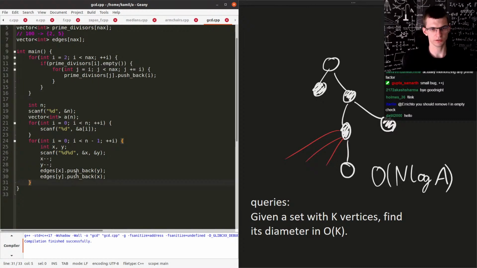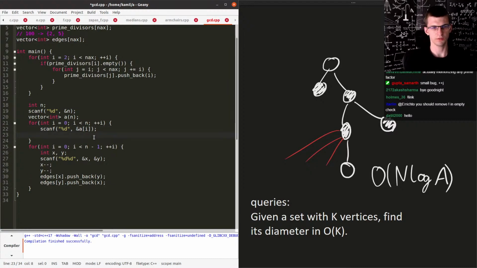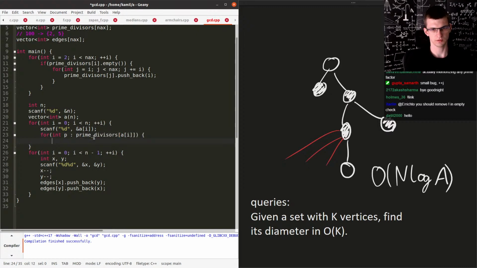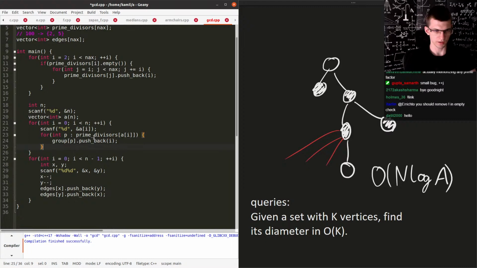And now there are those here. For every prime in divisors, group for this prime, push back this vertex. First, we know for what vertices, like for prime 2, are marked, like on the drawing here, maybe those.